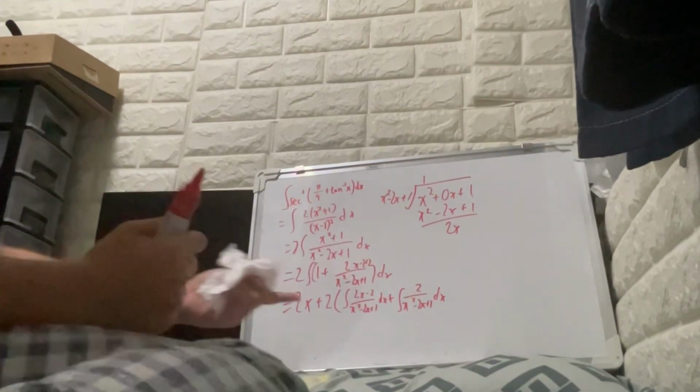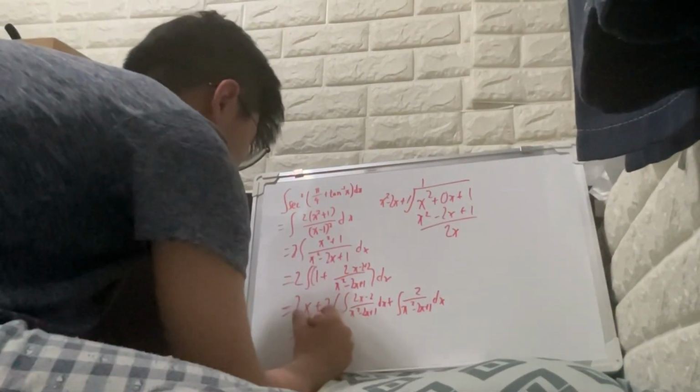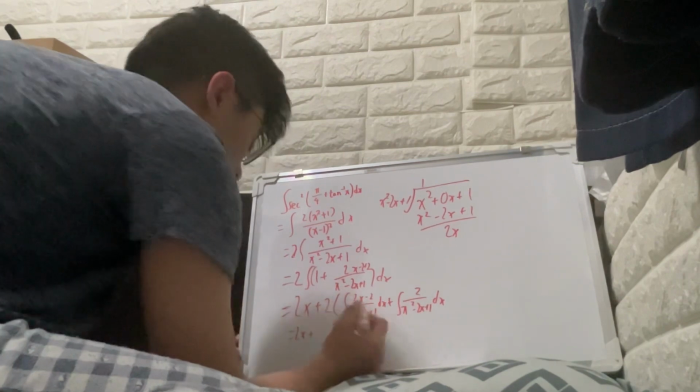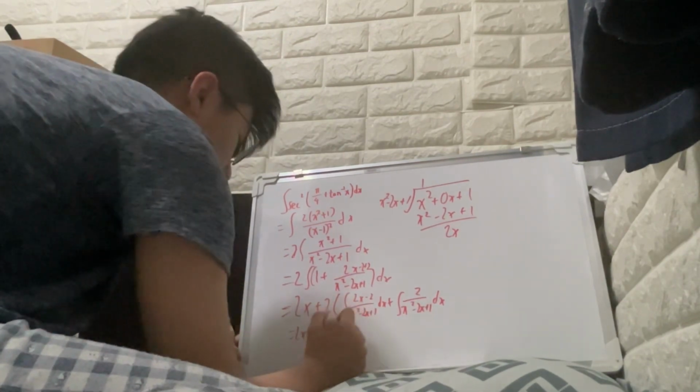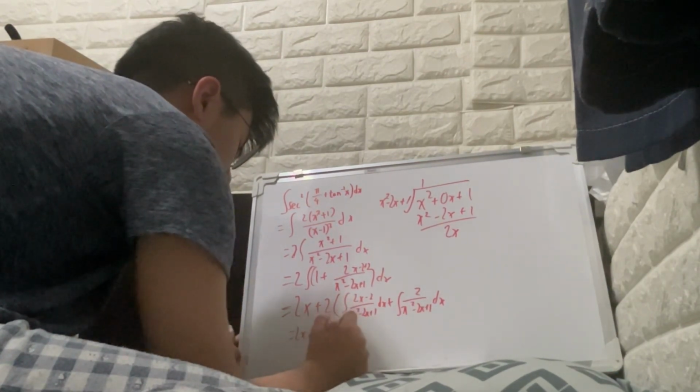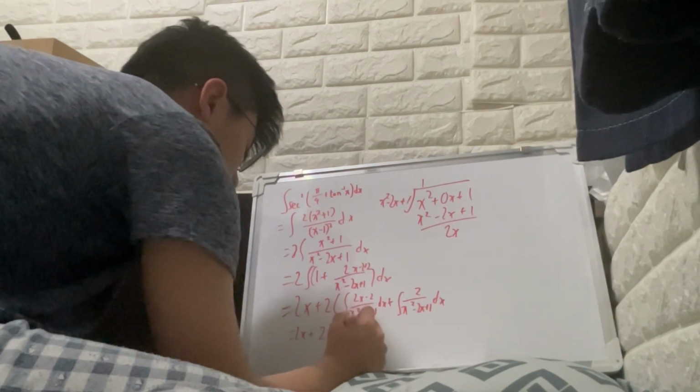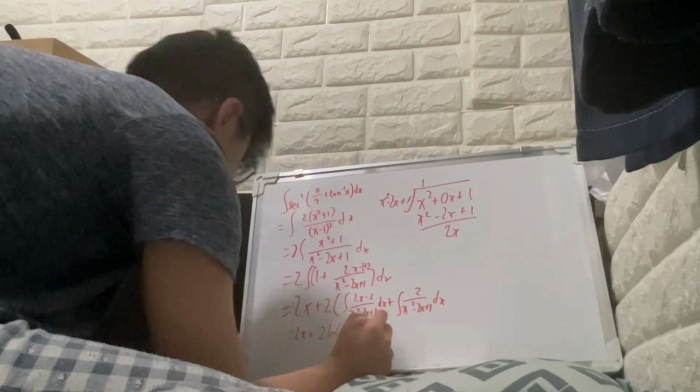This is really cool. And here you just get 2x and then plus, this is just natural log, you will get 2 times a natural log, and then here we just need to use a parenthesis.